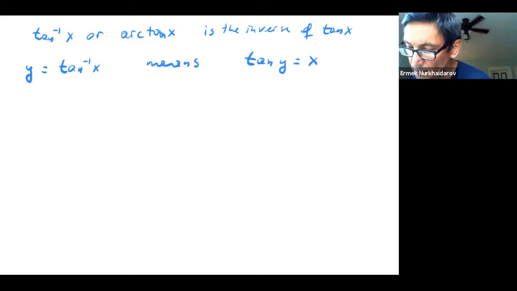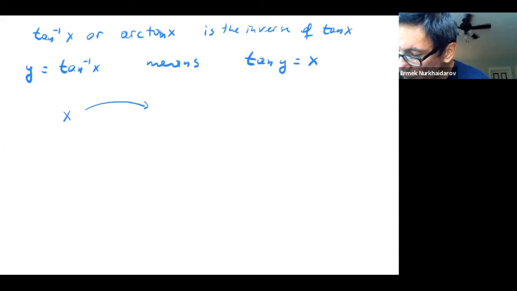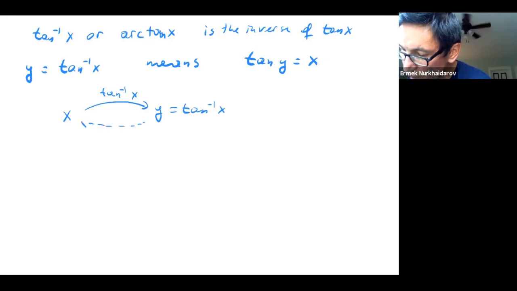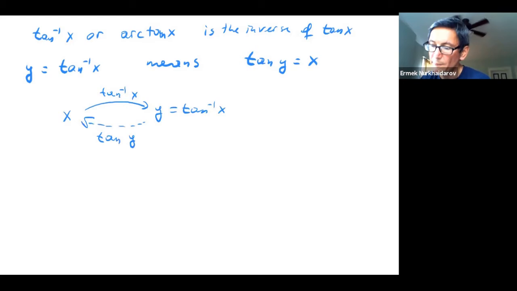So what I'm saying is, if you start with x, you do tangent inverse of it, you're going to get y, which is tangent inverse of x. And that's your undoing of the tangent function, in this case, tangent y.